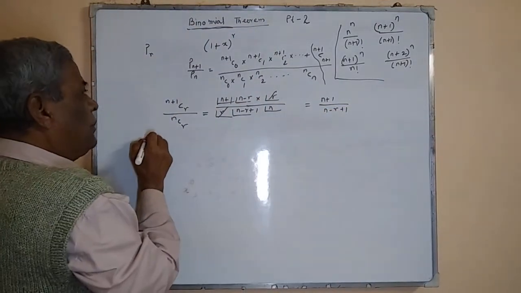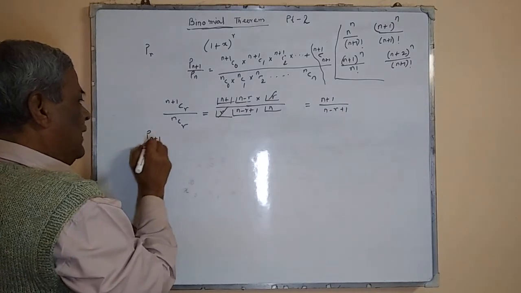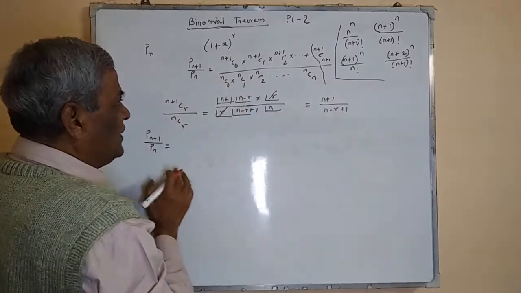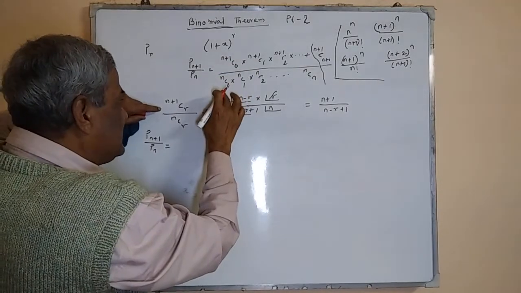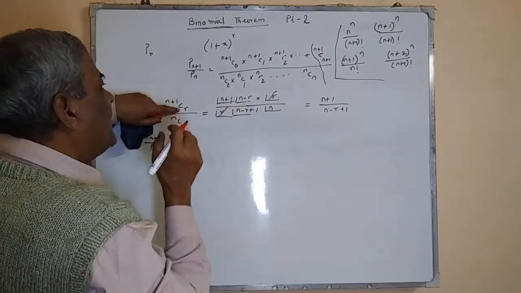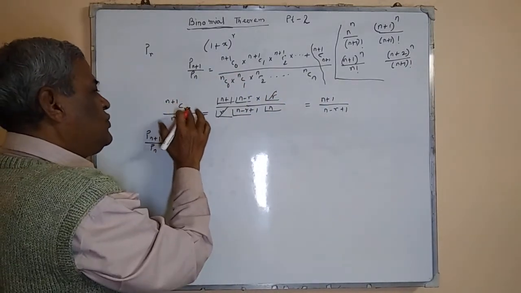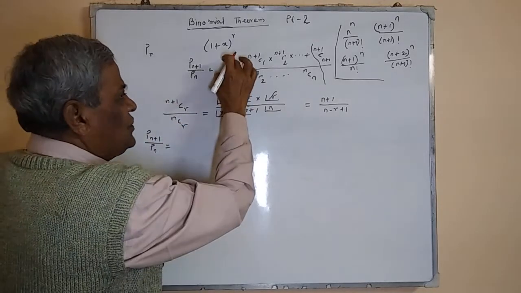So P(n+1) by Pn is equal to this by that. This can be obtained by putting R equal to 0 over there: (n+1)C0 by nC0, this by that.